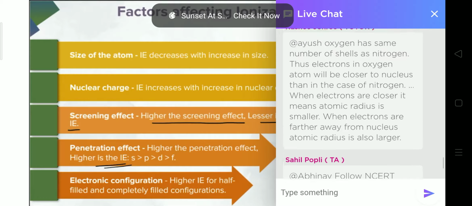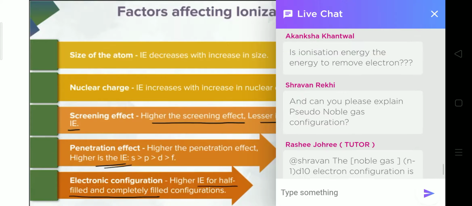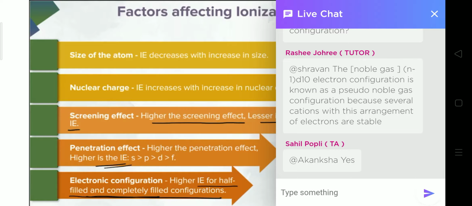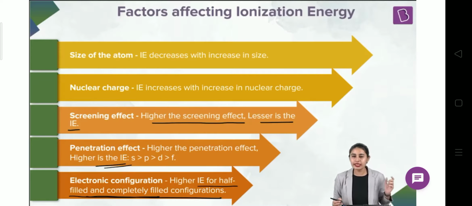So you would see that higher ionization energy for half-filled and completely filled electronic configurations, okay? So you will see that wherever some sort of anomaly, some sort of irregularity is coming, that would be coming because of half-filled or fully filled electronic configurations, all right?